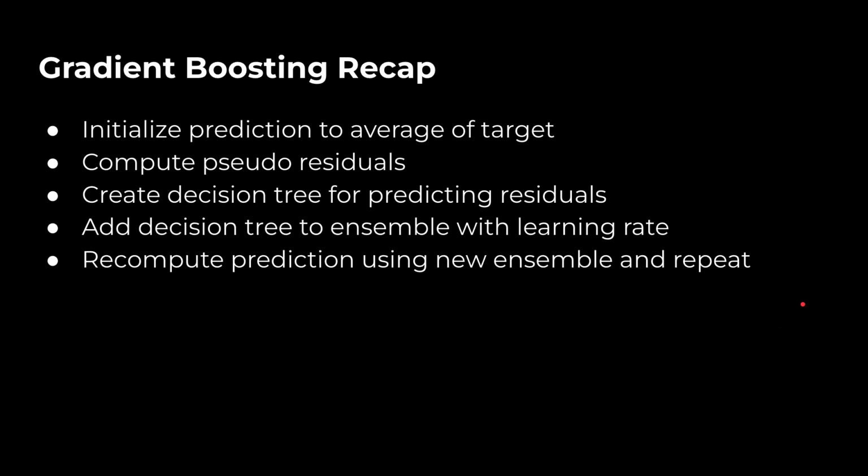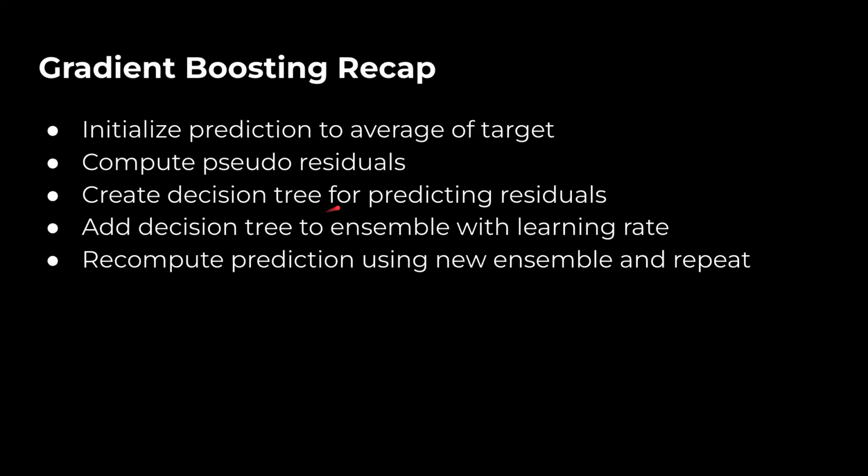But yeah, so just to recap, we create an initial prediction for regression and the loss function that I was using the whole time. We take the average of the target values. Then we compute the pseudo residuals for every single training example, which will be like the gradients.